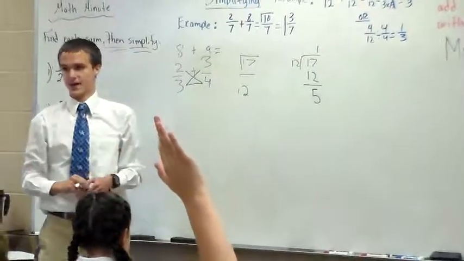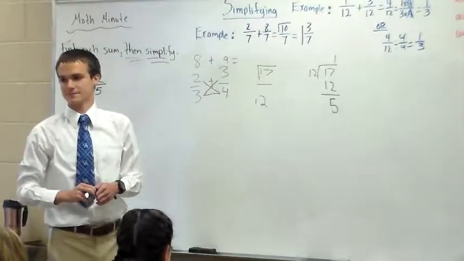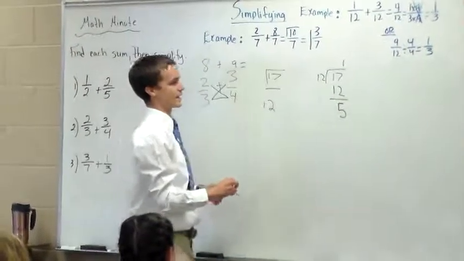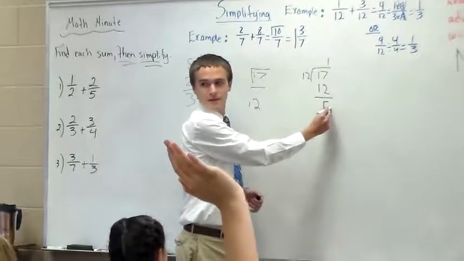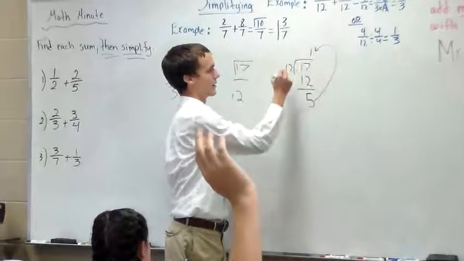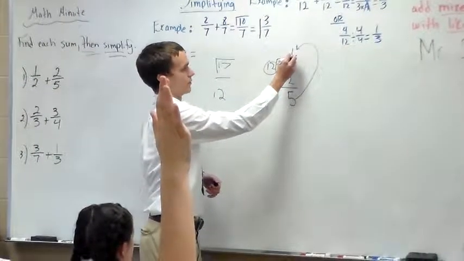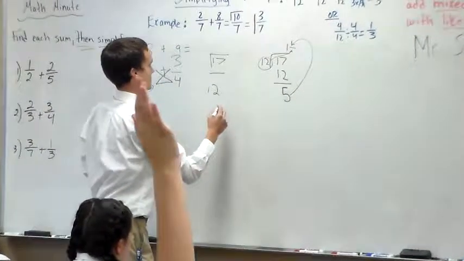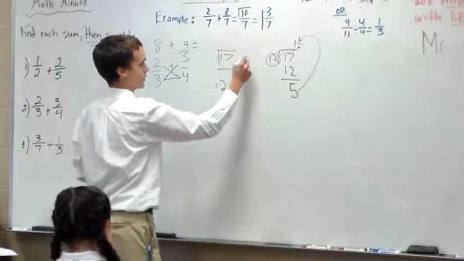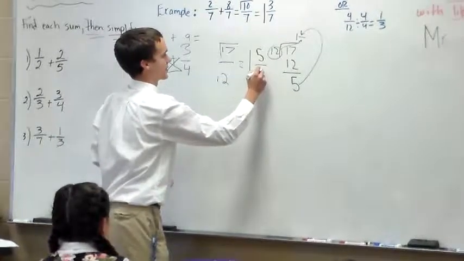And then what's the final step? You gotta make it a fraction. How do you do that? Where does the 5 go? Above. And then where would your 12 go? Under the 5. Excellent. So this would equal 1 and what? 5/12. Perfect.